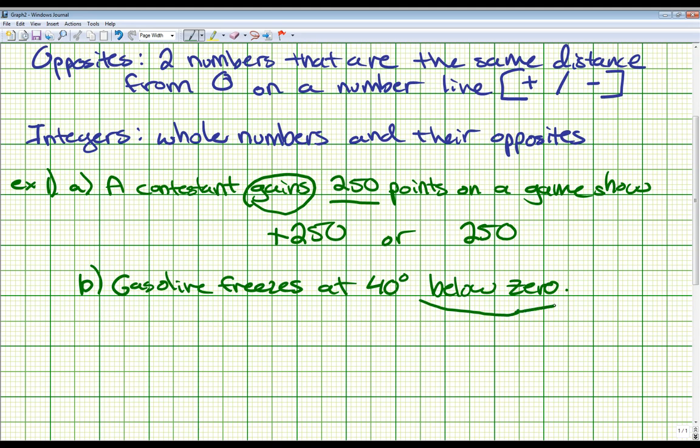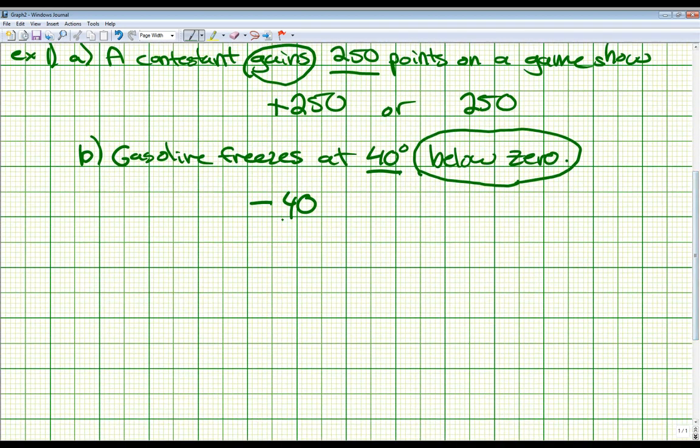And actually below zero, both those words kind of help us. Remember, anything that's below zero is going to be negative. So below zero means we're going to have a negative sign. And then our number here is 40. The integer that would represent that is negative 40.